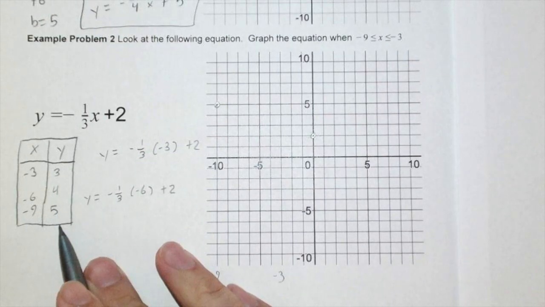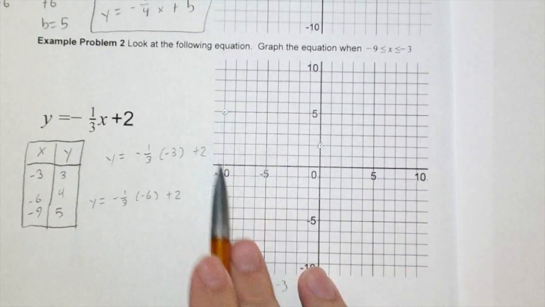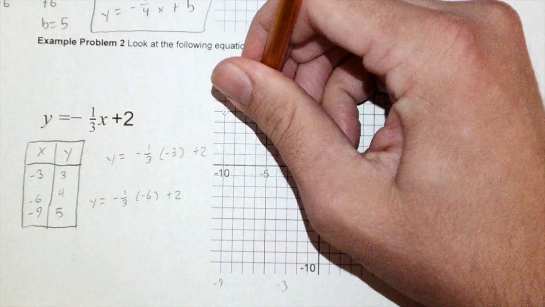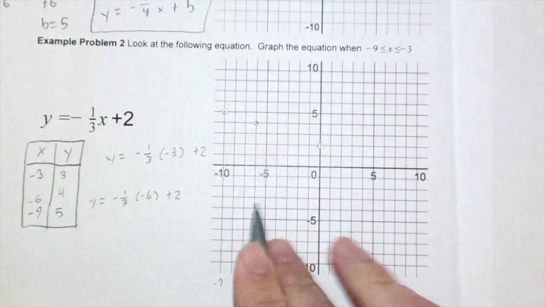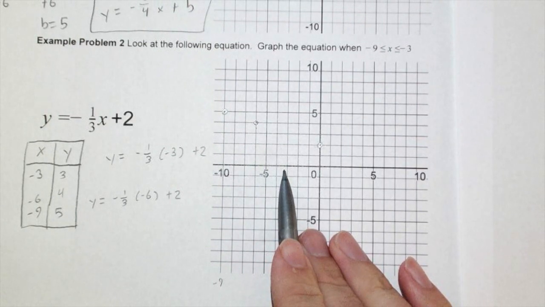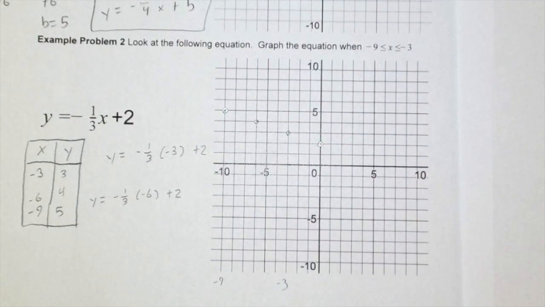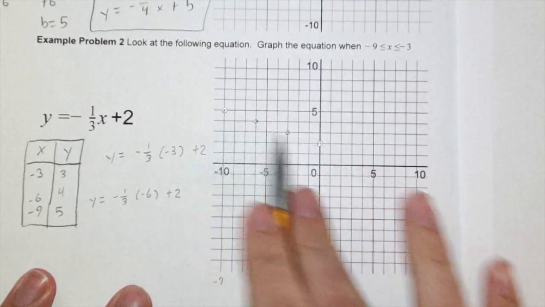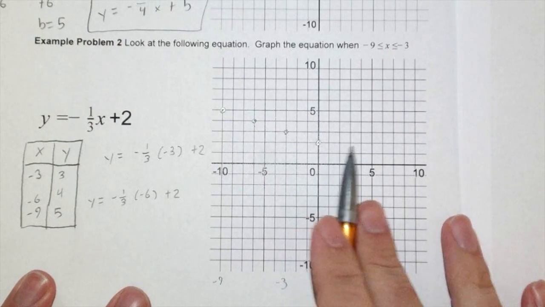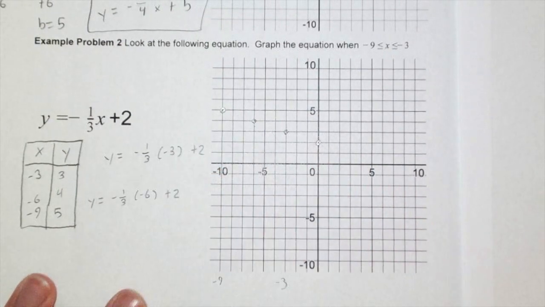But once I have my points, I can just plot that line. So we had negative 9, comma 5, negative 6, comma 4, negative 3, comma 3. I may have said one of those wrong, but these are the points. And that makes a lot of sense because it's going to intersect with that y-intercept. And you could have, in this case particularly, worked backwards from the slope to find the line.